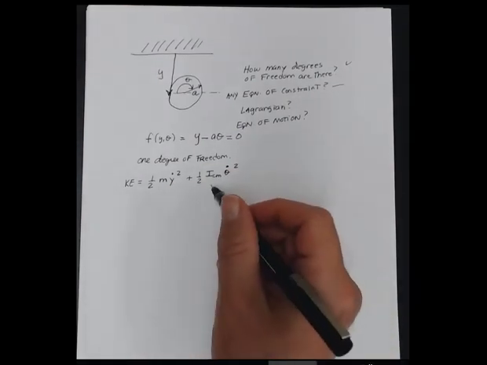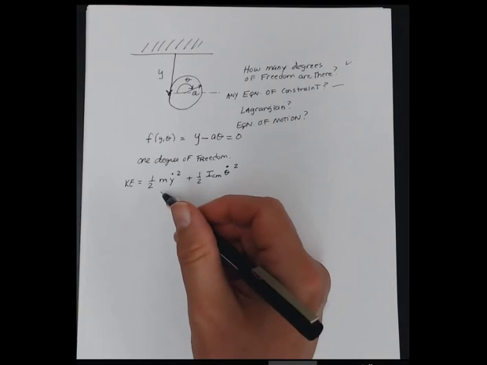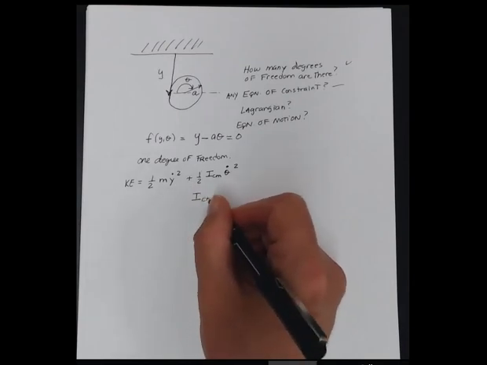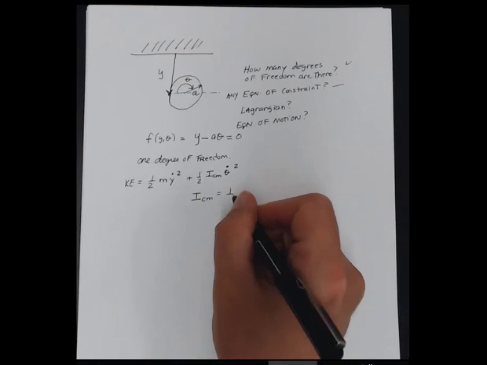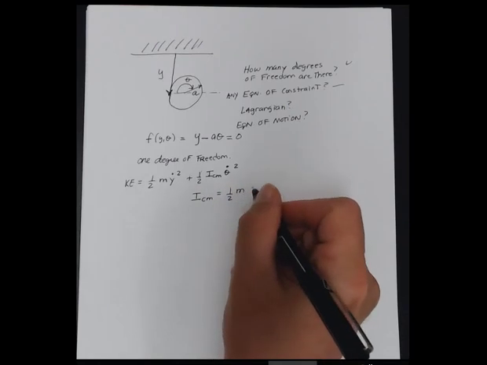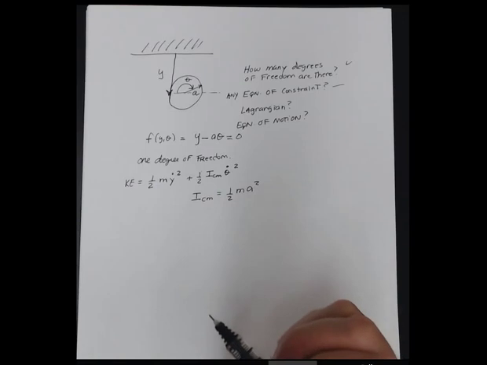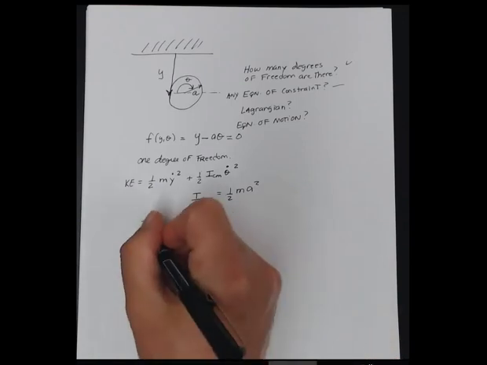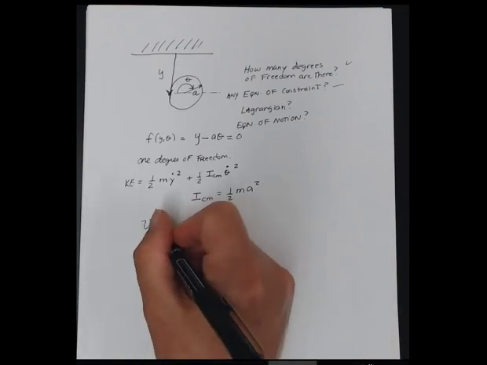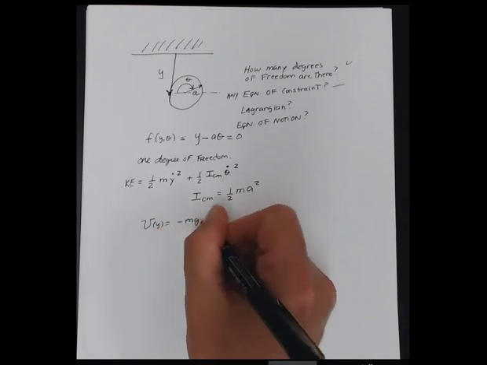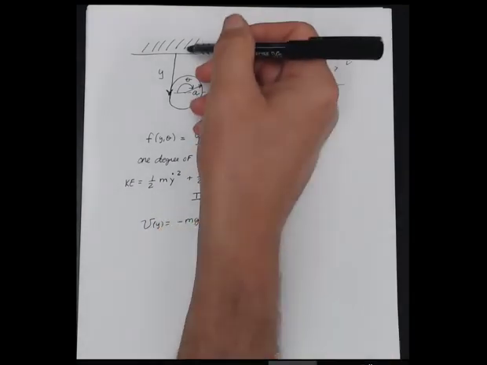So we have rotational kinetic energy and linear kinetic energy. By the way, for a disk, which I'm assuming the yo-yo is, it's 1/2 the mass of the disk times the radius squared. So that's the moment of inertia about the center of mass. Our potential energy would be a function of y, negative mgy. I assume it's 0 up here at the top.